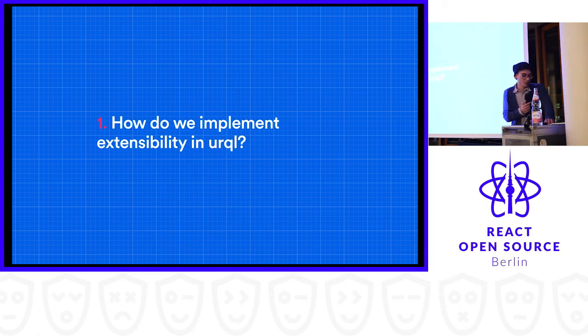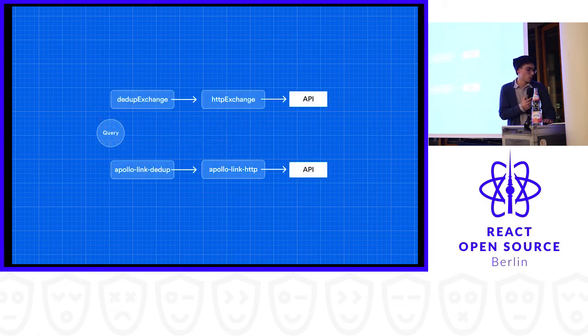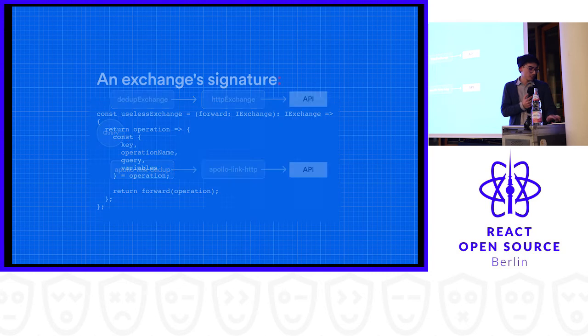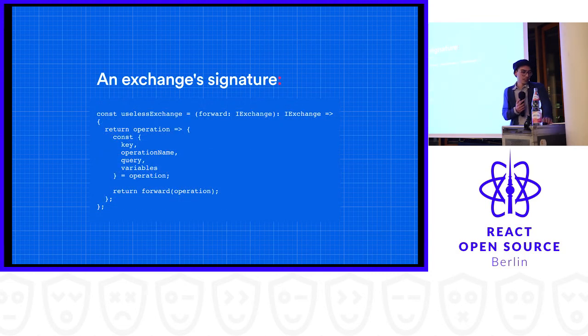And what we've come up with is a fairly similar system to what Apollo is already doing, which are basically what I've peeked at earlier, Apollo links. So since they have the concept of sending these requests with different packages, we've basically gone ahead and have done the same. And we've basically come up with the same pattern. You have some kind of GraphQL query, which we wrap up in an operation.